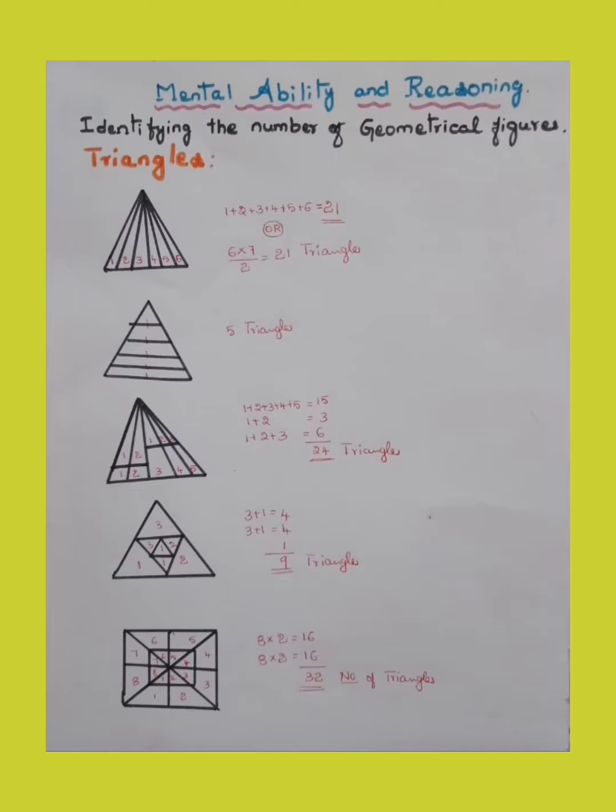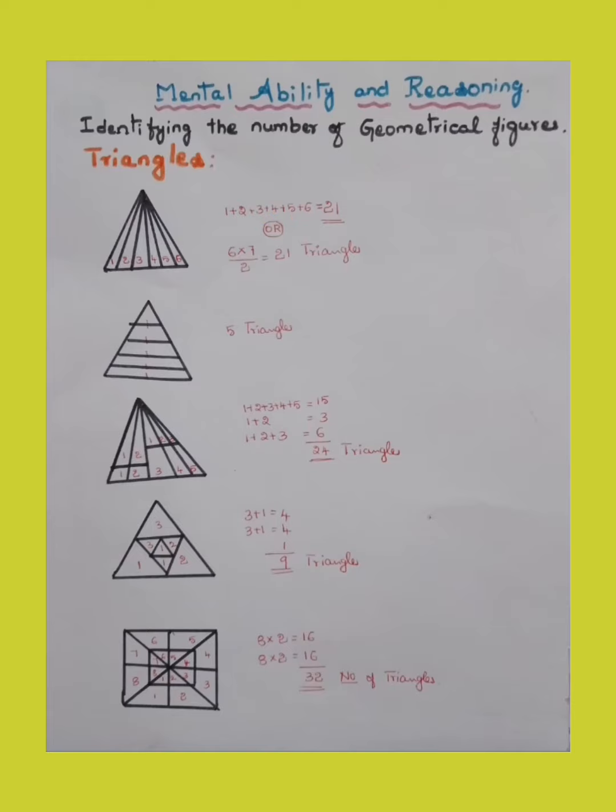We have to segregate them from the bottom and put the number. This will be 1, 2, 3, 4, 5, 6. We have 6 portions. From the bottom we count the number of triangles, so 6 we got, and we have to add those. 1 plus 2 plus 3 plus 4 plus 5 plus 6 is equal to 21.